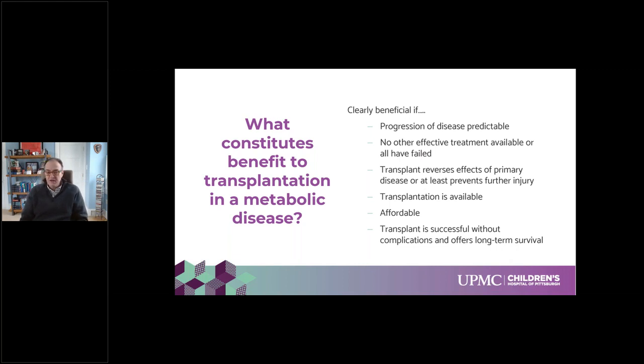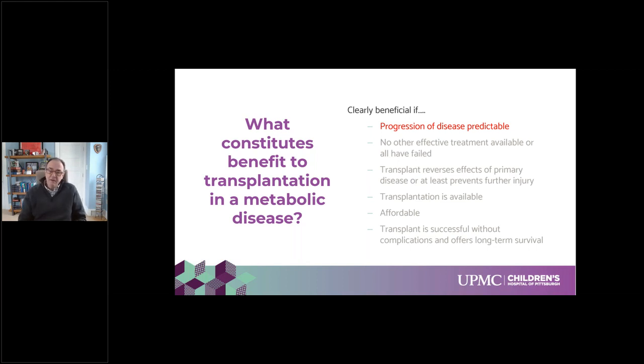We knew that it was going to have a poor outcome without transplantation, that there were no other effective treatments available, or other treatments have failed. If the transplant reverses the primary disease or at least prevents further injury, if transplantation is available and affordable, and if transplant is successful without complications and offers long-term survival. Now we'll go through these one at a time.